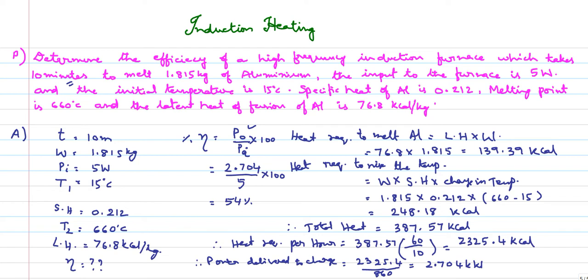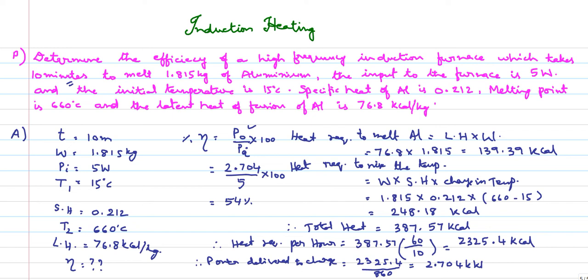So one more time we can simply recap this problem. Here we have to find the efficiency of the induction furnace, which takes only 10 minutes to melt 1.815 kg of aluminum. So we have used some energy to melt this 1.815 kg of aluminum in 10 minutes.